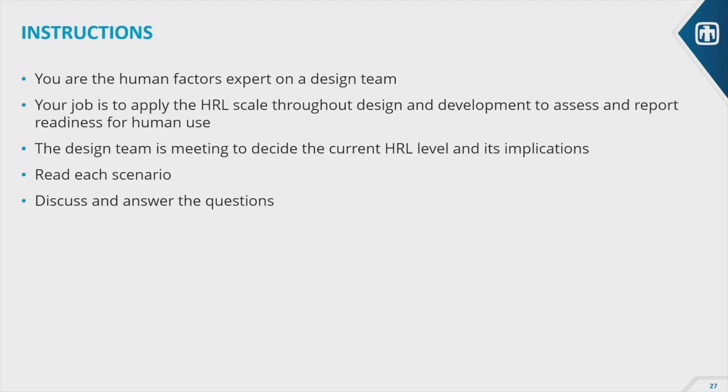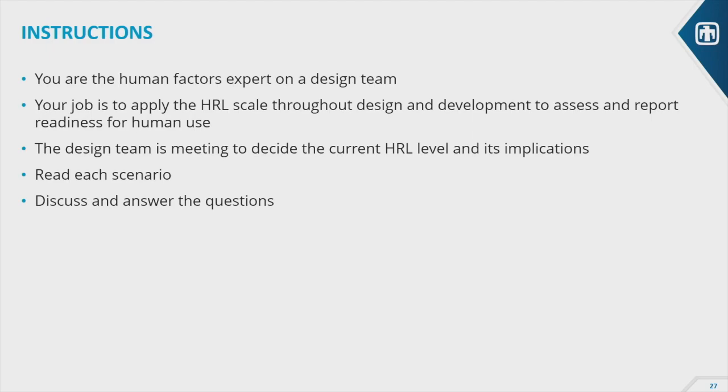What you should do in these scenarios, think of yourself as the human factors expert on a design and development team, and your job is to apply the HRL scale throughout design and development so that you can assess and report readiness for human use. So the design team is meeting to decide what the current HRL level is and its implications.